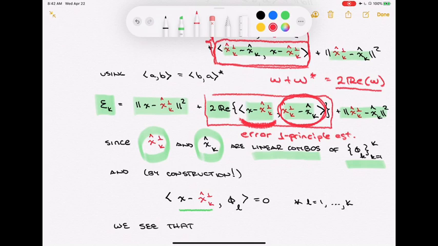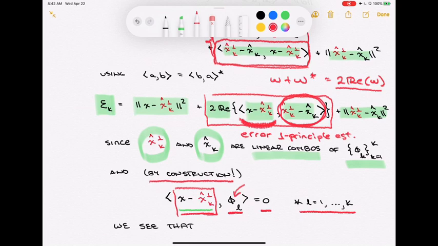Well, what do I know about my orthogonality principle estimate? By construction, the error of my orthogonality principle estimate, inner product with those basis functions, has to be zero no matter which basis function you're looking at. And that means the error is going to be orthogonal to any linear combination of these basis functions as well.